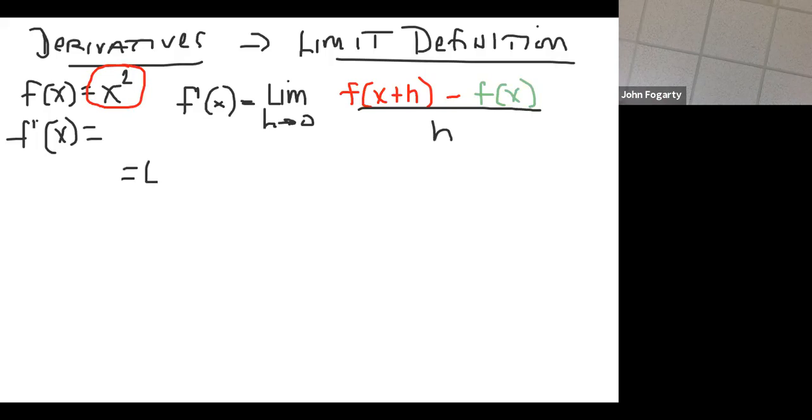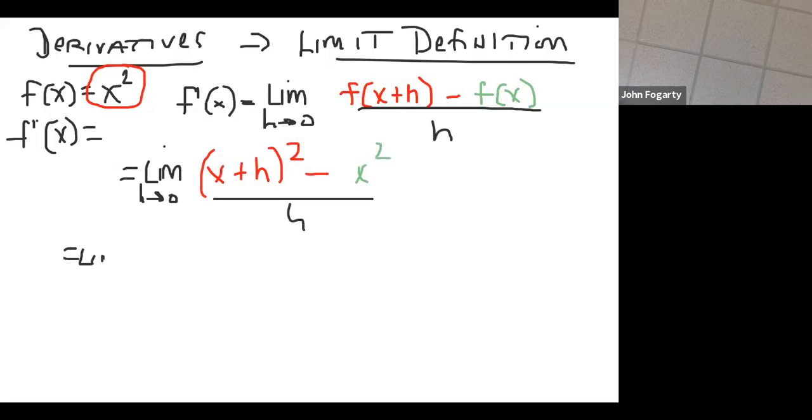So f prime of x would be the limit as h approaches 0 of x plus h squared, actually let me do that in red, x plus h squared minus x squared, all of that over h.